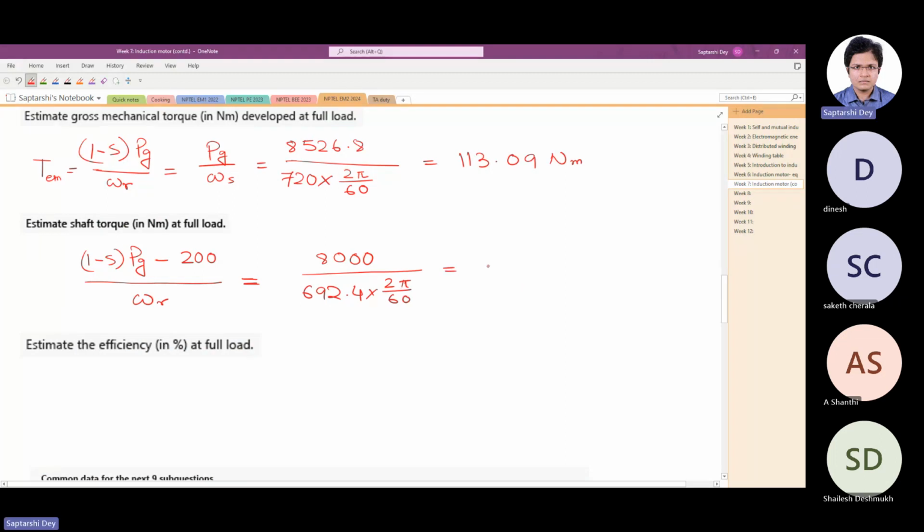So this is 110.3. This is what is developed by the motor, of which this much is available. This is the rated torque. Sometimes it is also called the BHP, brake horsepower.